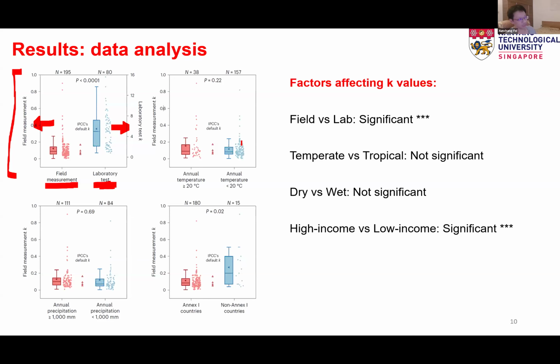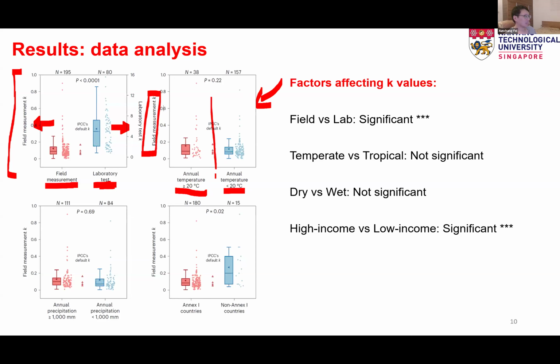But what's more interesting is, for the top right figure here, we are separating the field K values. Now we are only looking at the field K because these are the real K values, right? From all the landfills. The field K values, we separate them into two groups. One is annual temperature higher than 20 degrees. The other is annual temperature lower than 20.